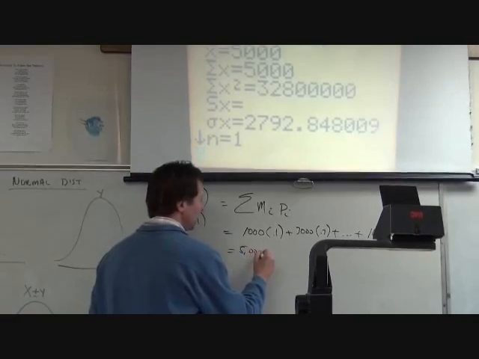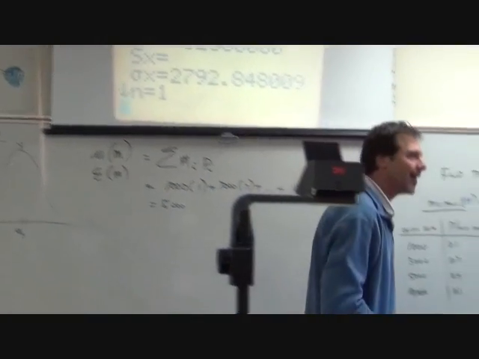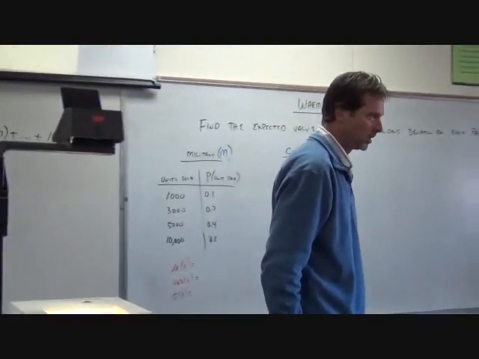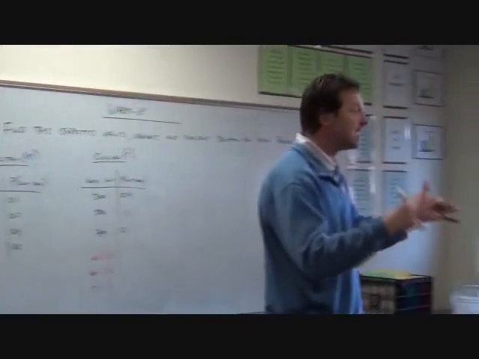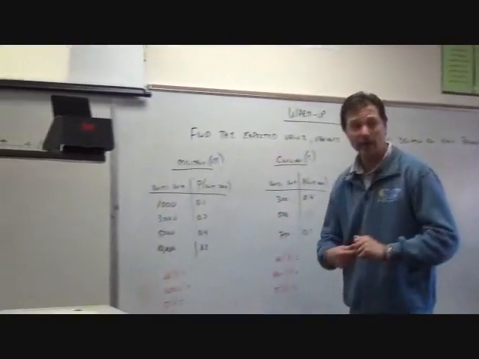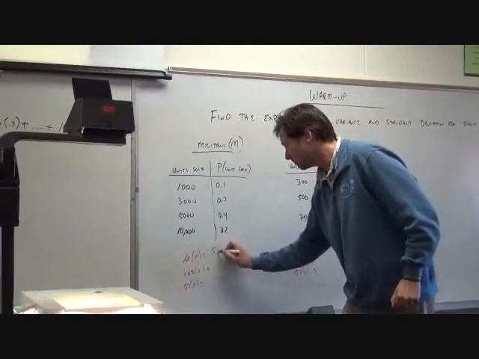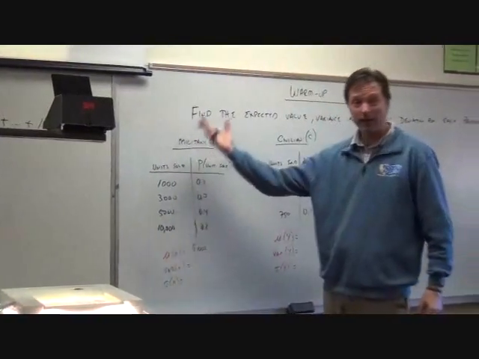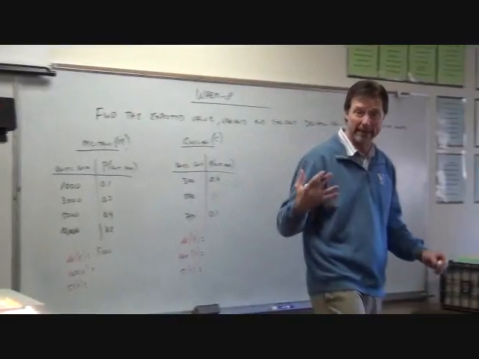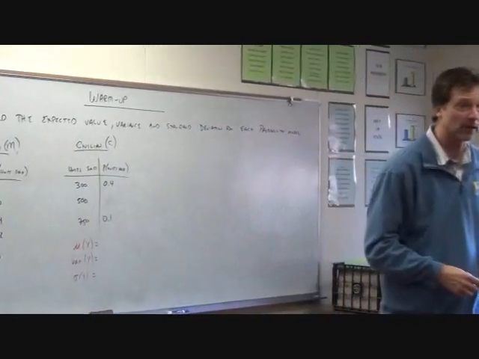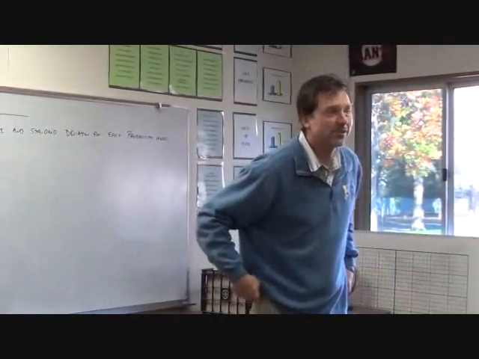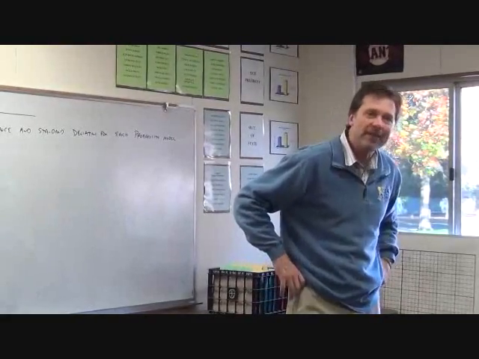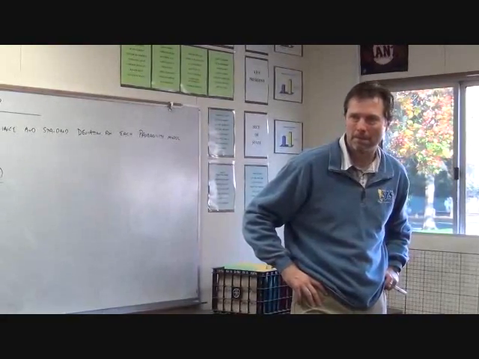Now let's remember what this means. In the long run, over many, many years, on average, we're going to sell about 5,000 units. In any particular year, I may sell fewer or more, but that's in the long run how many units I expect to sell. Now, if you're a businessman, standard deviation's a big deal.